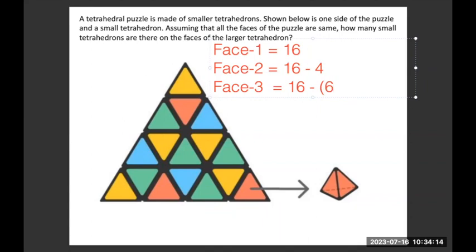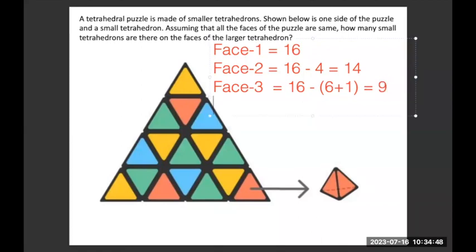That makes it 6. Plus 1, which is the top part, which is getting repeated with this facade, with this part, and also this part, which I've already considered here. So phase 3 has 16 minus 6 plus 1. Let me just write. This will equal 14, and this will equal 16 minus 7, 9.